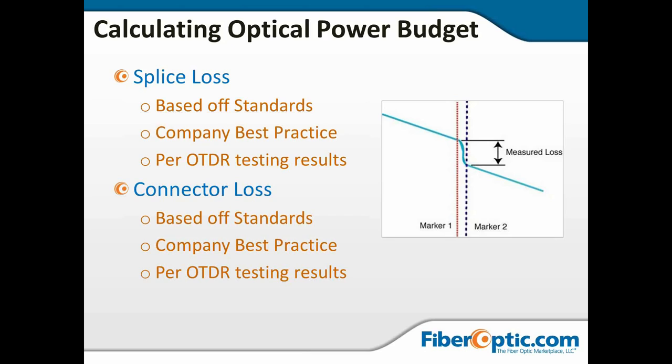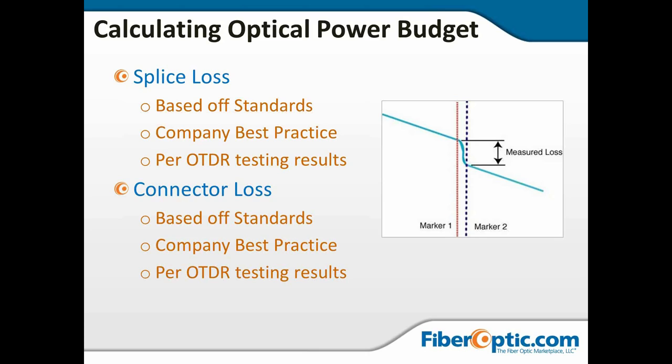Are we going to base our power budget off of max allowable losses according to the standards? Or are we going to look at company best practice? Are we going to specify a max allowable loss for a splice or a connector that is less than what EIA, TIA, or ITU specs allow for? And the difference could be pretty substantial.